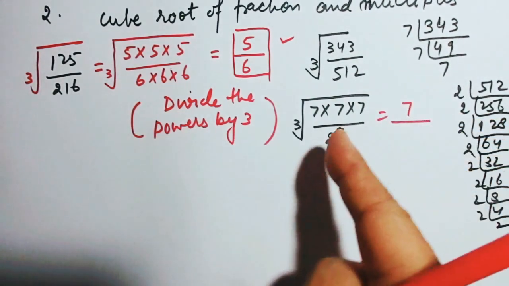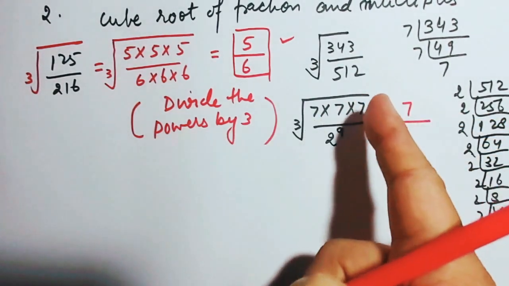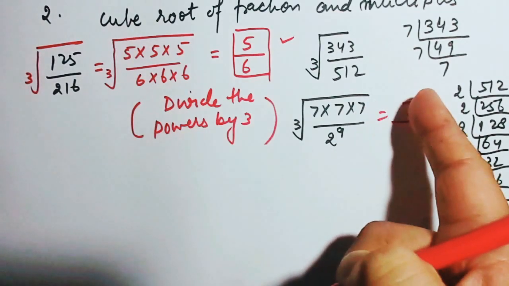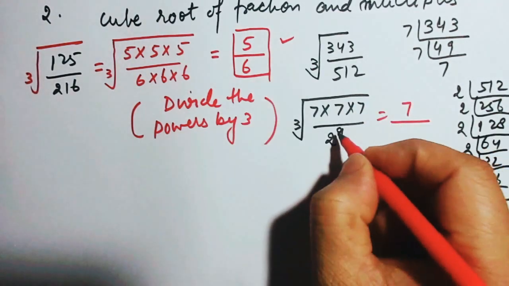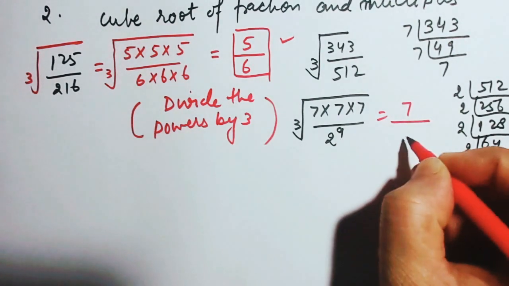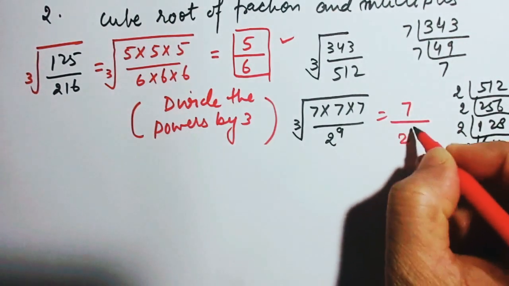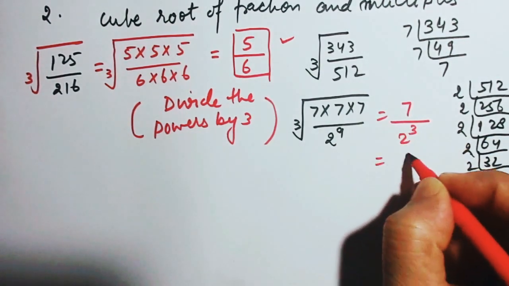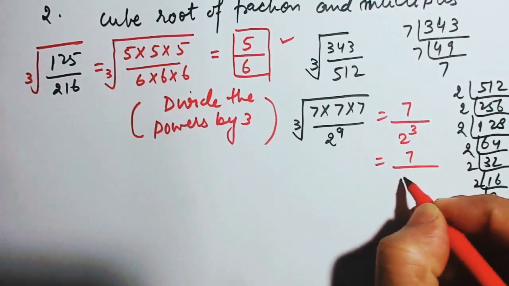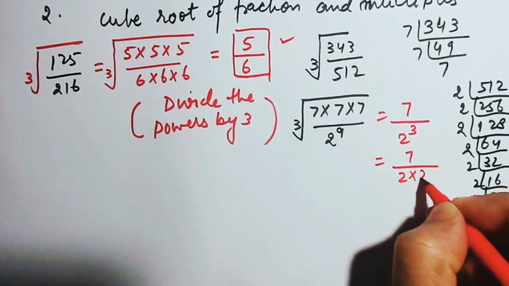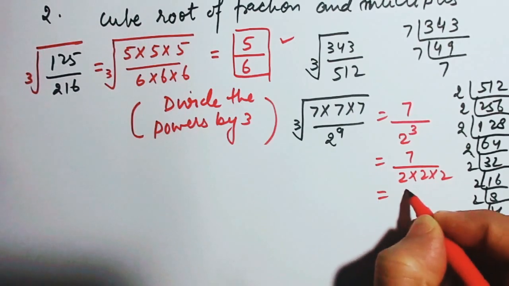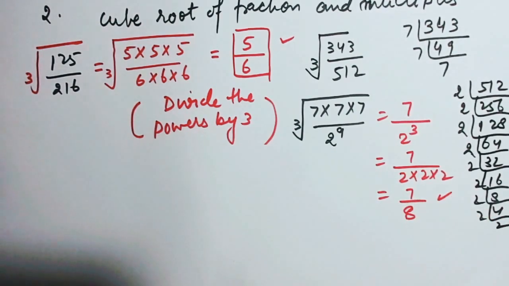Or even if you had got 7 cube, and divided the power by 3, you would get 7 only. 2 to the power 9, when you divide by 3, 3 3s are 9, gives 2 to the power 3. So 2 cube means 2 times 2 times 2 is 8, and the answer is 7 by 8. Did you see how easy these cube roots are?